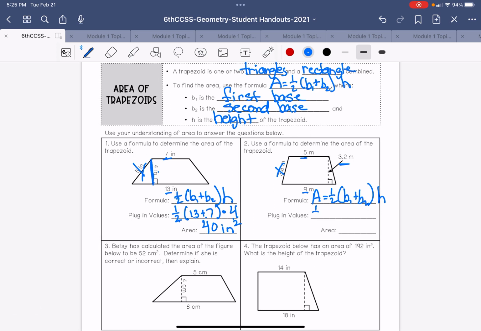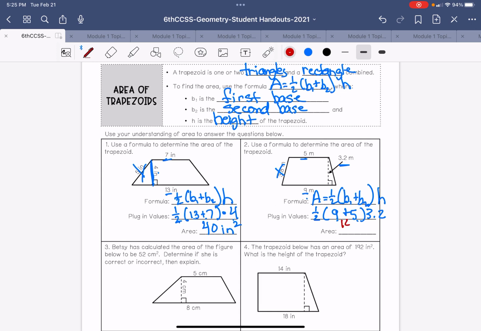So 1/2 base 1, which is 9, plus base 2, which is 5, times the height, which is 3.2. So if I add these first, parentheses first, 9 plus 5 is 14. So that's 14. 1/2 of 14 is 7.